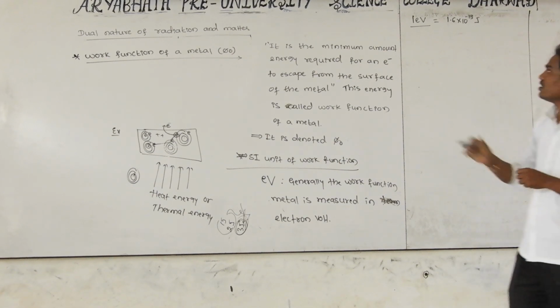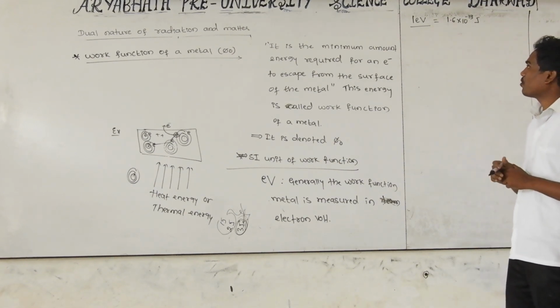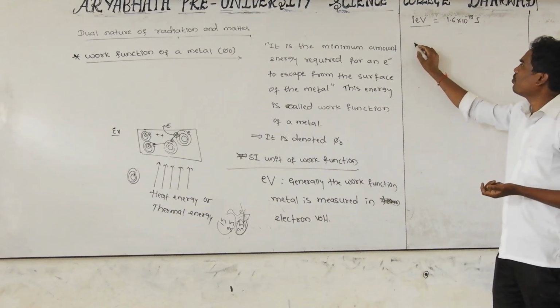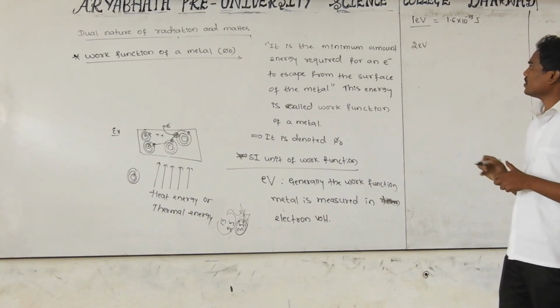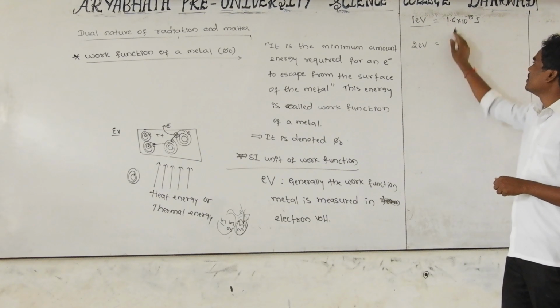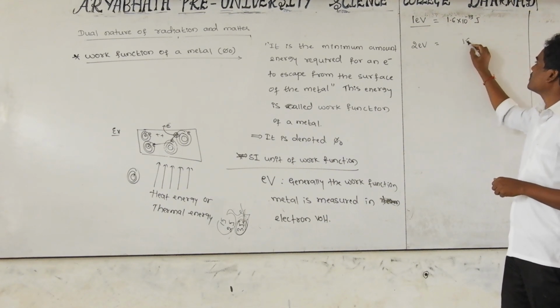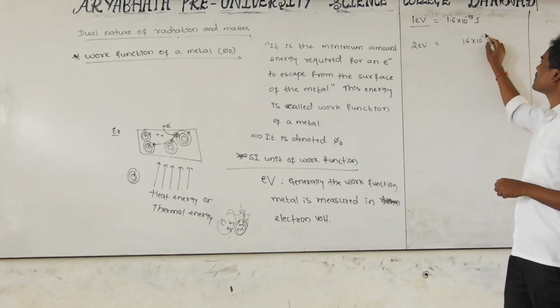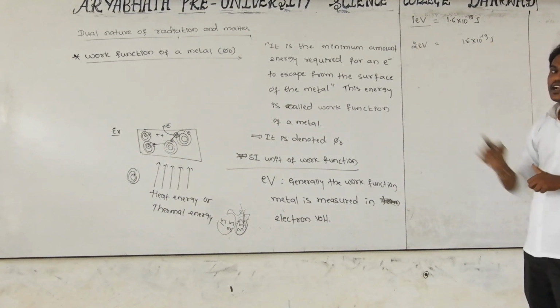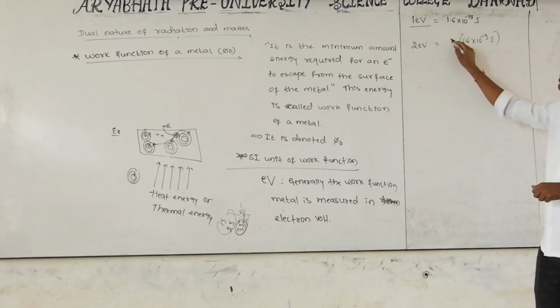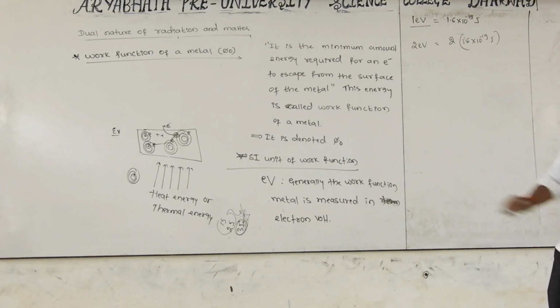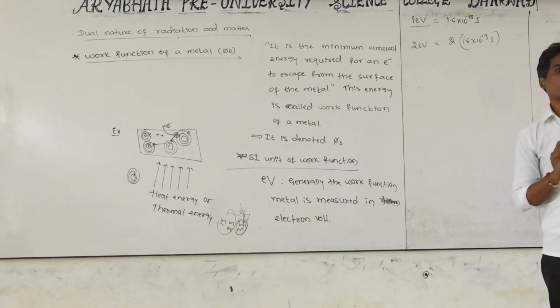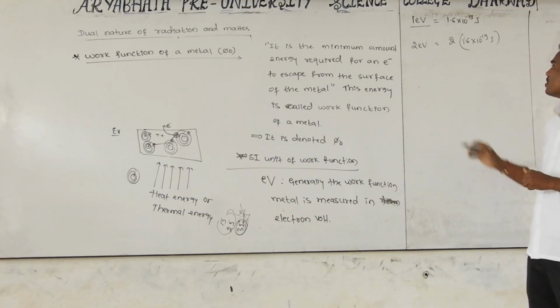Now, to understand 1 electron volt further, take an example: what is 2 electron volt? 1 electron volt is 1.6 into 10 to the power of minus 19 joule, and 2 electron volt means you multiply this number by 2, that is 2 into 1.6, which is 3.2 into 10 to the power of minus 19 joule.